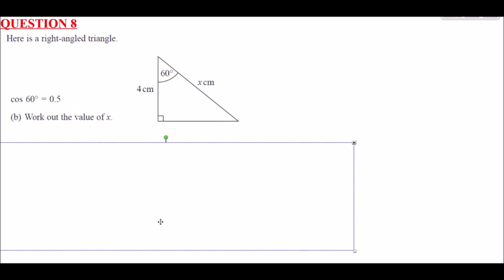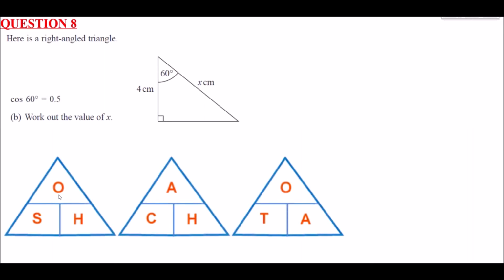So here we've got a right-angled triangle, and we are asked to work out the value of x. To work out the value of x, we need to think about these triangles, SOH CAH TOA. Okay, so we know some sides. We know this side is 4. So let's label on these sides.